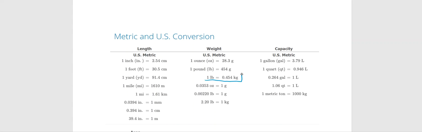Here, 1 pound is 0.454 kilograms. Now what you might notice is there's more than one option. It doesn't matter which option you use, you just need to pick one. So I kind of like the number 2.2 pounds better. It's easier to remember, so I'm going to use that option when I do this problem. 2.2 pounds is 1 kilogram.